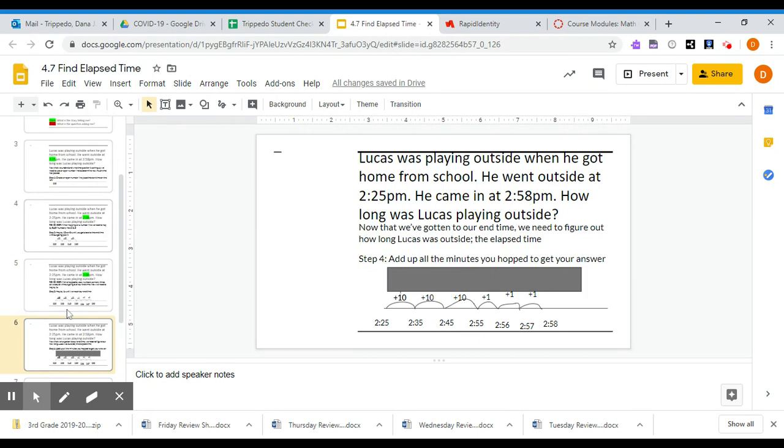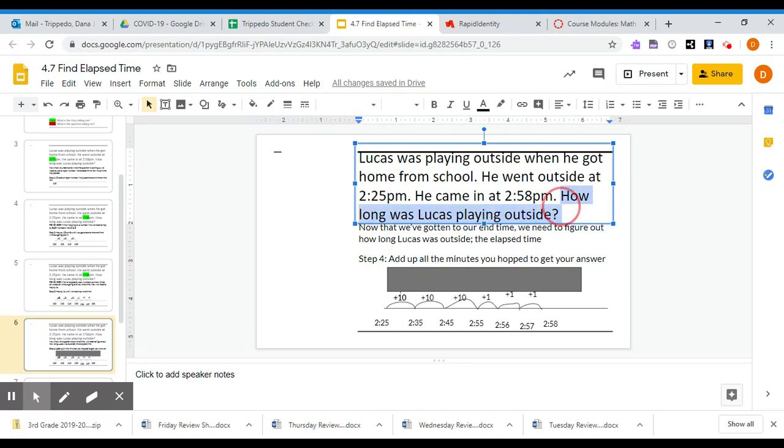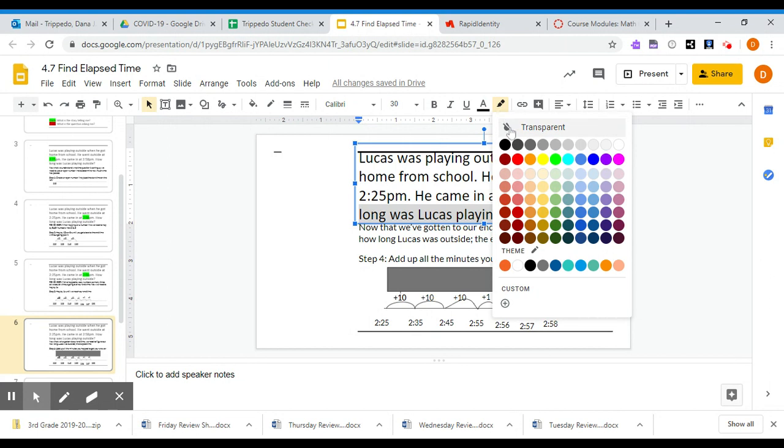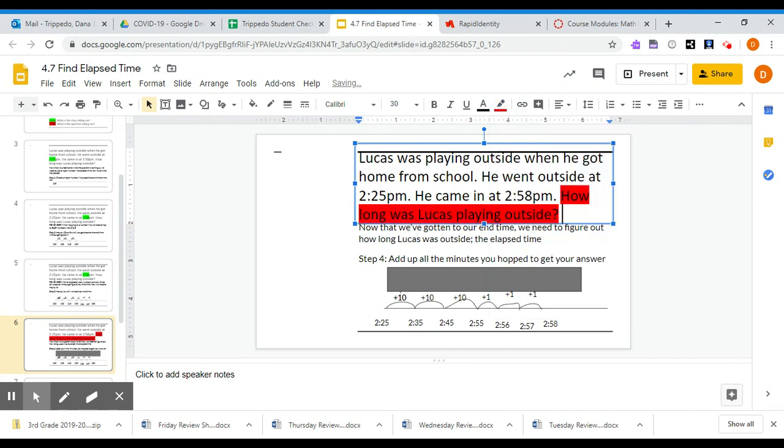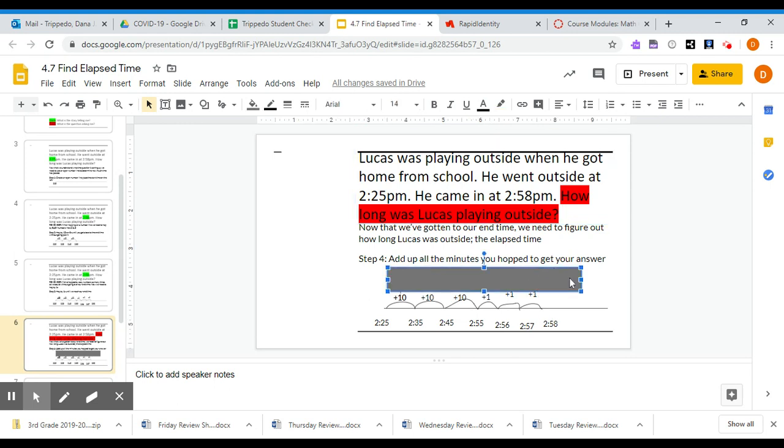So now we can move on to our final step, which was add up all the minutes you hopped to get your answer. So remember, the question is asking us, how long was Lucas playing outside? So our answer needs to be the number of minutes, not the time, because both the times were given to us.